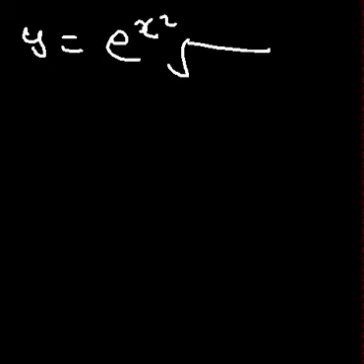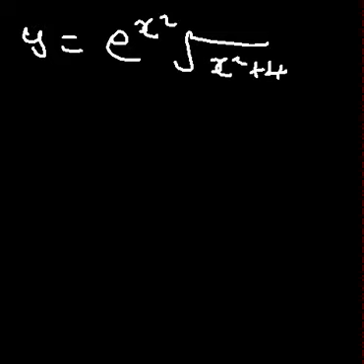And what if we have this case? Let's say we have a function y equal to e to the power x squared times the square root of x squared plus 4. What is the derivative of this function?